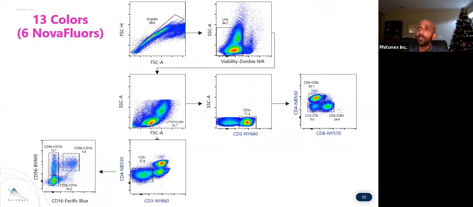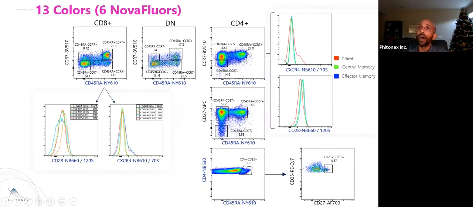So again, the results from our panel look very similar to our 4 NovaFluors. We're still able to resolve all of our populations of interest. We're able to really get into the deeper phenotyping of our T cell subsets. So we're getting all of our information plus a lot more in comparison to the 11 color legacy panel.